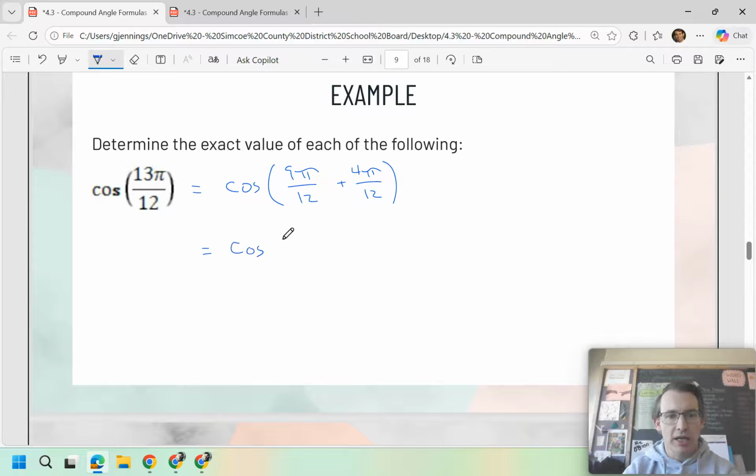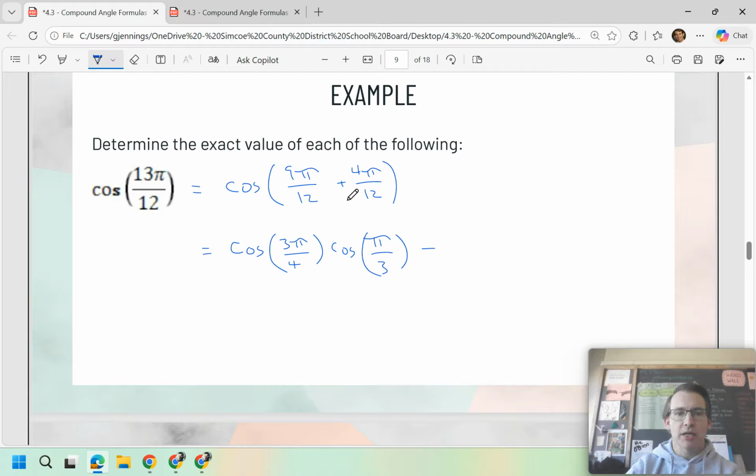So I have cosine 9 pi on 12, I'm just going to write 3/4 pi, times cosine of pi on 3. Okay. Minus, because this one is cosine and it lies, or whatever you want to say, sine of 3 pi on 4, sine of pi on 3.